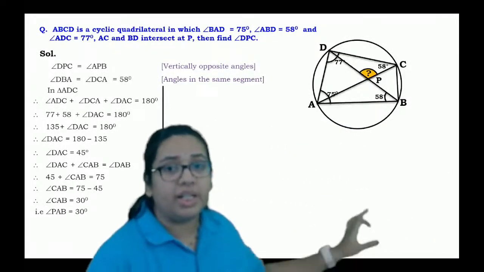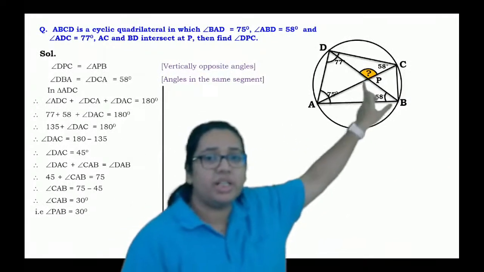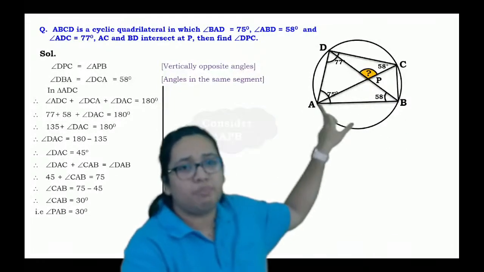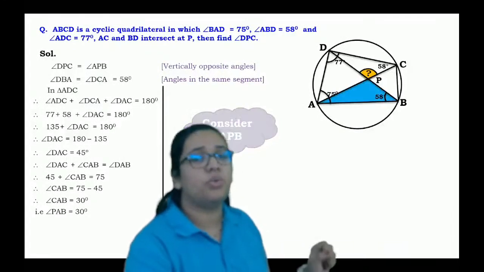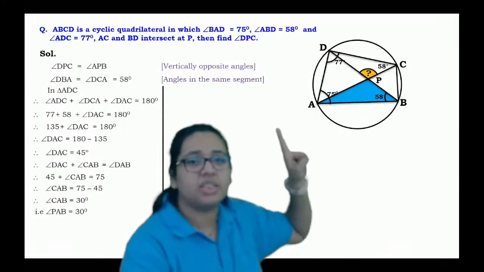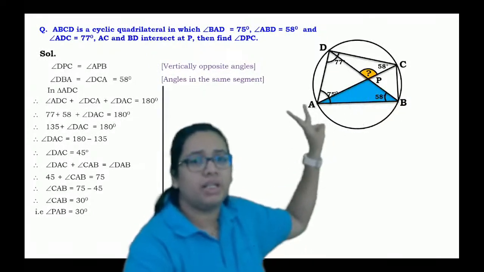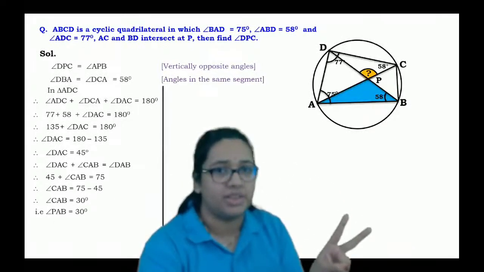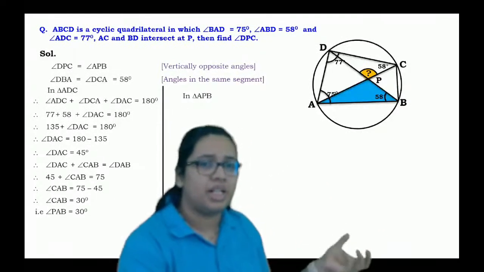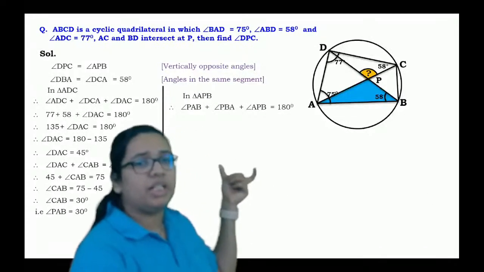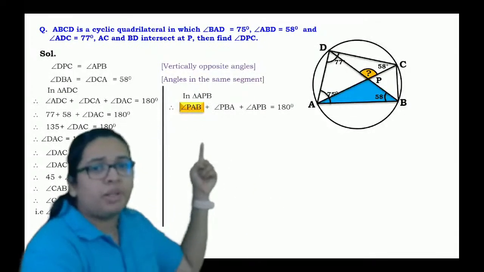Okay, so now again we'll come back to the triangle APB, because now we have the value of PAB as well as the value of PBA. So in a triangle we have the value of two angles, and using the fact that sum of all angles of a triangle is 180, we can easily find the third.